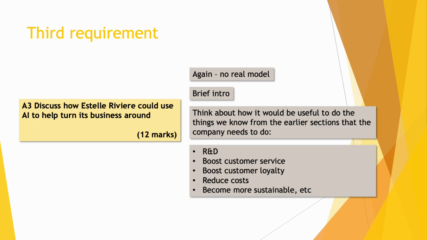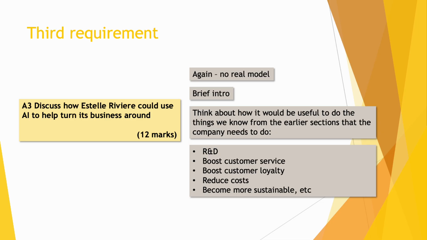So it needs to focus on its R&D and the new areas that people are interested in buying products with it. We need to boost customer service and boost customer loyalty because we're losing customers to these new kind of hip brands online. We need to reduce costs potentially as well because we're loss making. And we know that we need to become more sustainable because that seems to be the direction of travel for us and the industry as a whole.